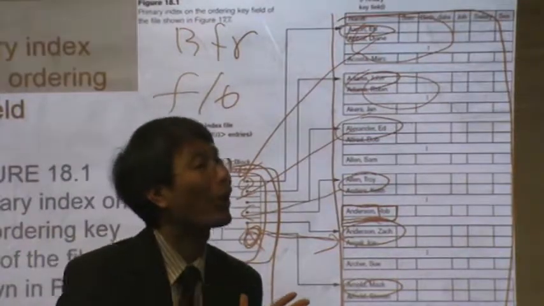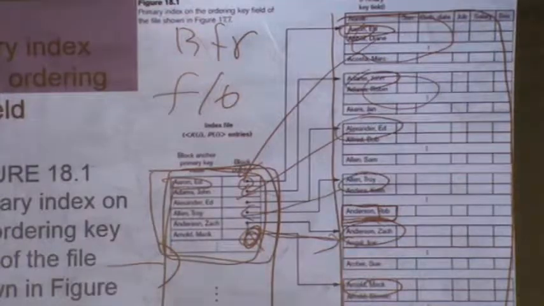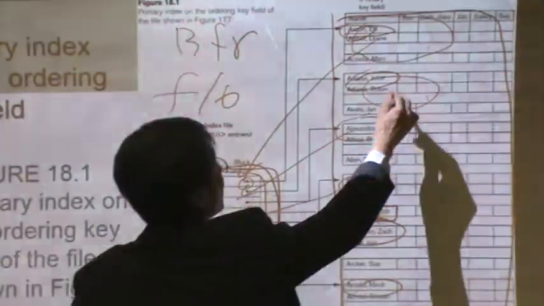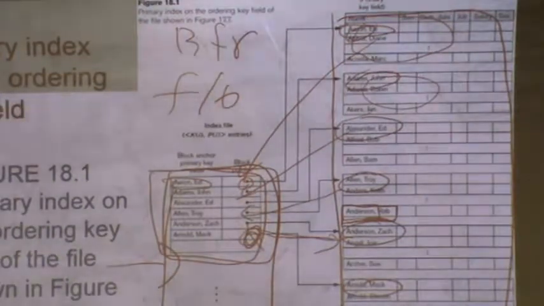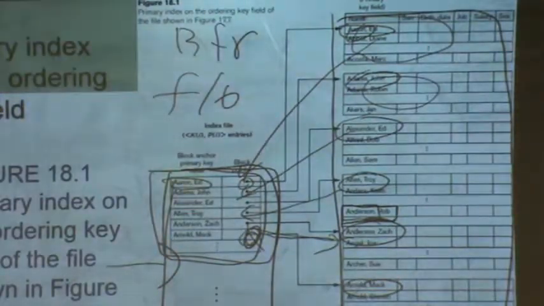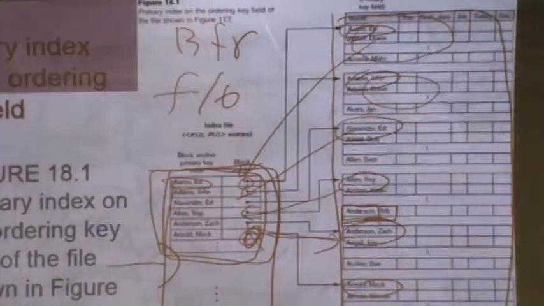We can create it, but it will be much more complicated. We will see such an example later. Because department number 1 is here, here, here. It's not ordered, right? So you need to point to many of them.